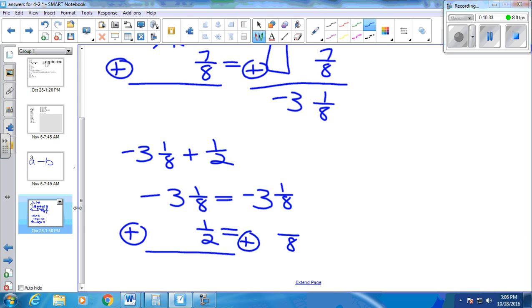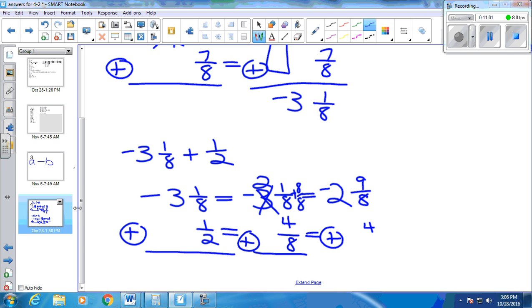So 2 times 4 gives me 8, so 1 times 4 will just give me 4. Again, I cannot take 4 away from 1, so I will need to borrow here. So I'm going to borrow from this 3, and it will become a 2. And I'm adding on 8 eighths right here. So now I have negative 2. You add the 1 and the 8 to give you 9 eighths. And then I have 4 eighths.